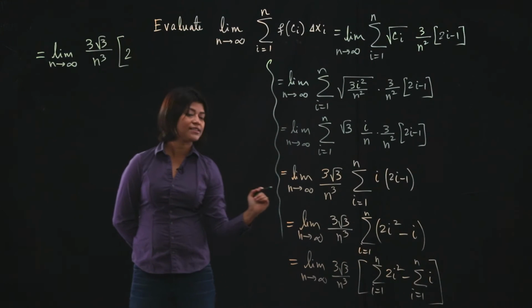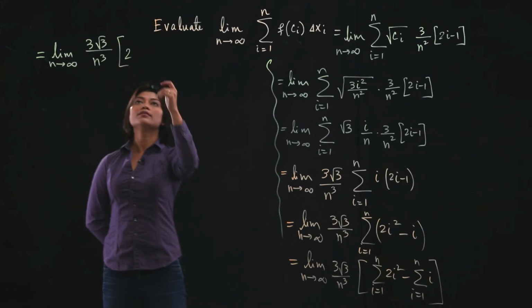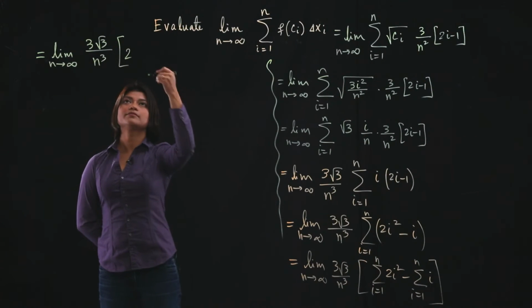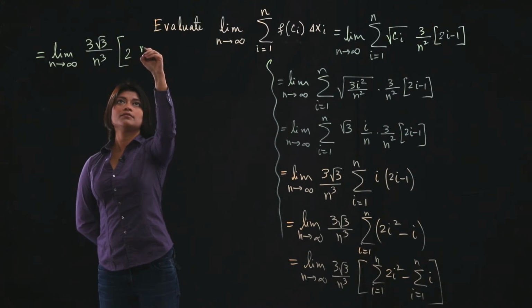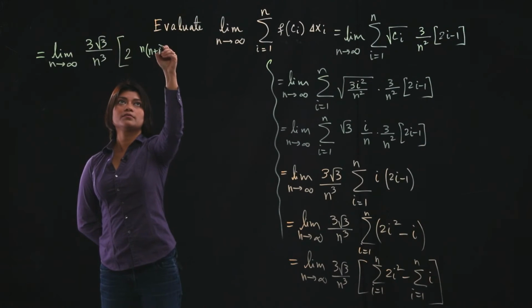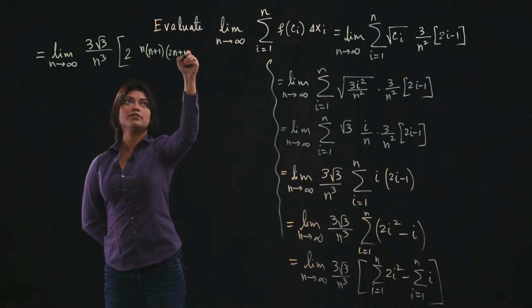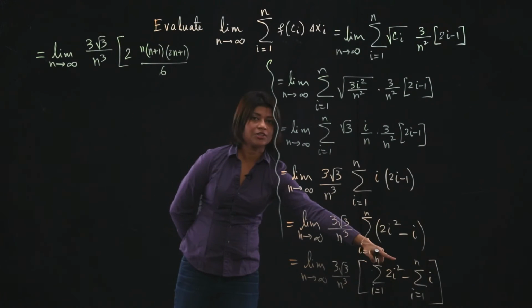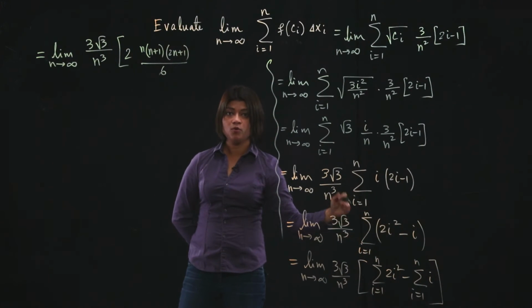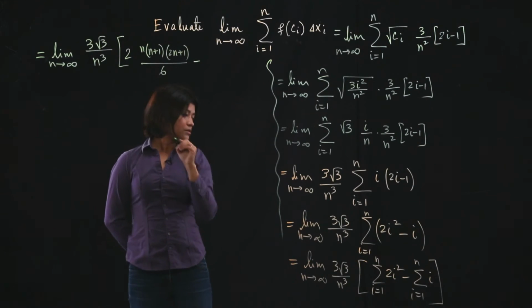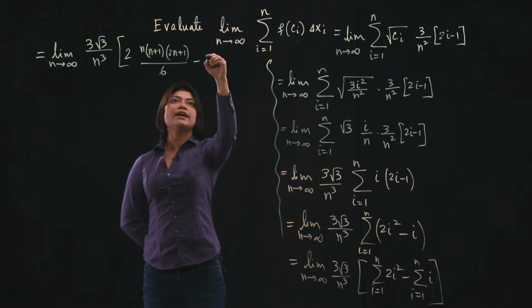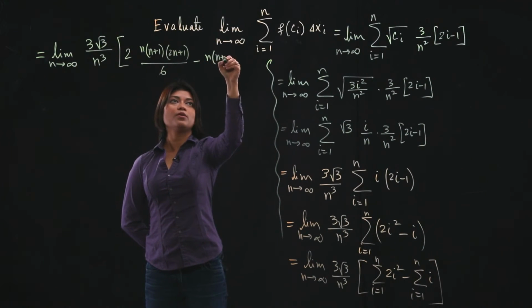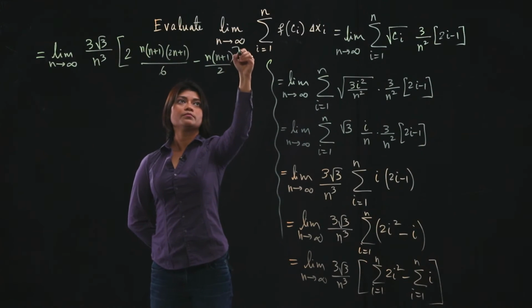So the summation of i squared, i from 1 to n, is n times n plus 1 times 2n plus 1 over 6. For the second summation, it's just the summation of i from 1 to n. So minus, that is n plus 1 over 2.